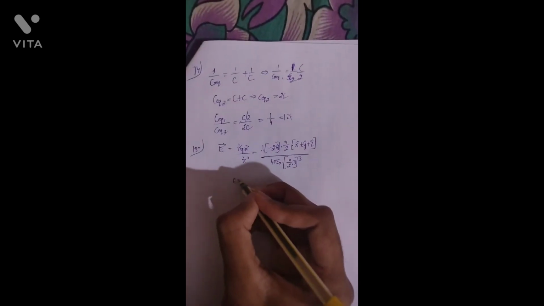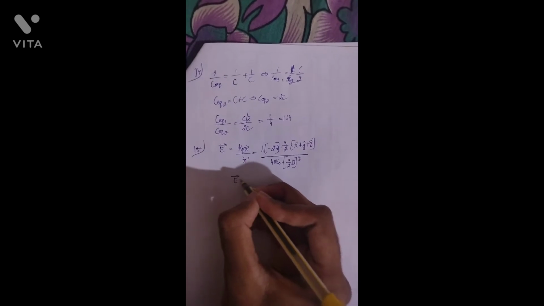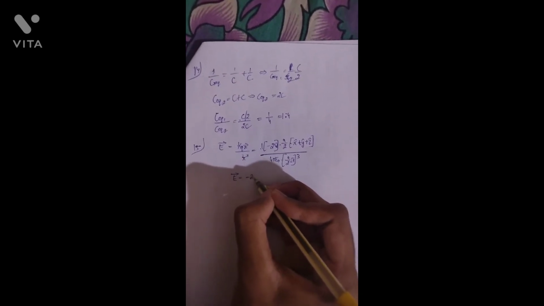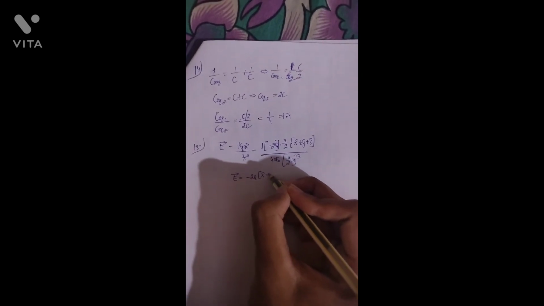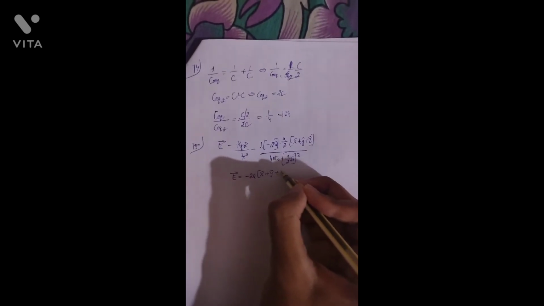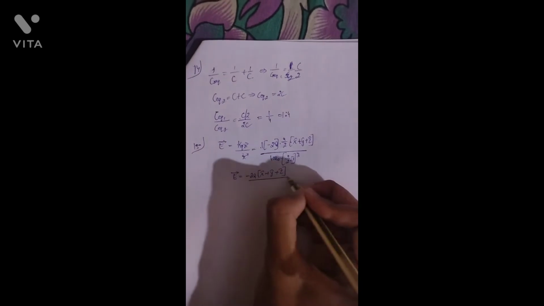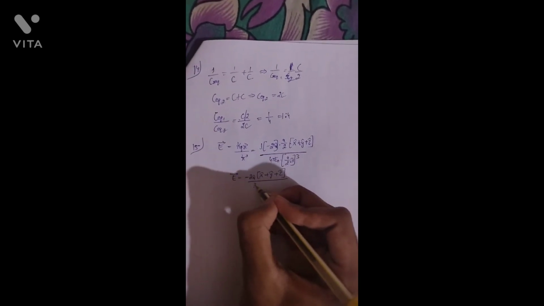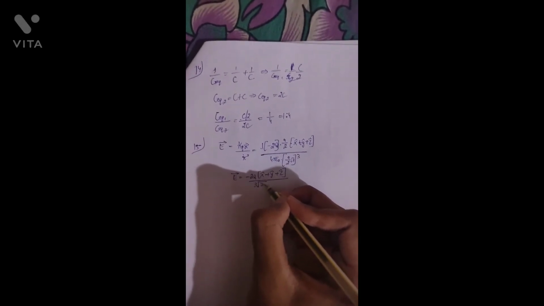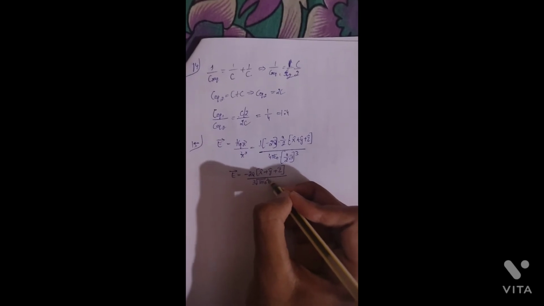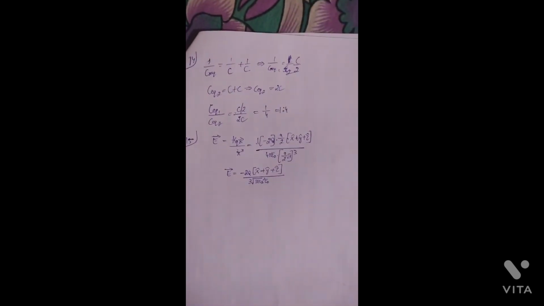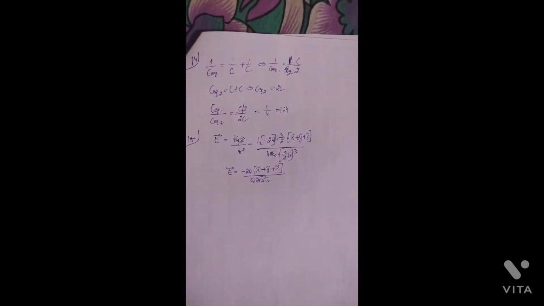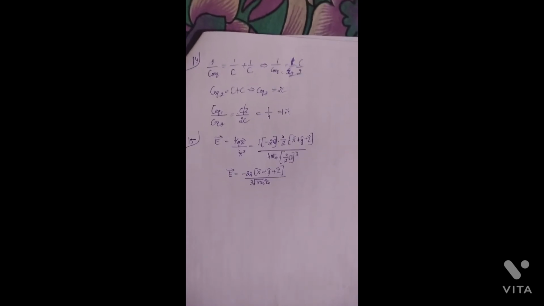So therefore E vector is equal to minus 2Q times X cap plus Y cap plus Z cap by 3 root 3 pi A square E naught. This is the formula we get to find the electric field at the center of the cube.